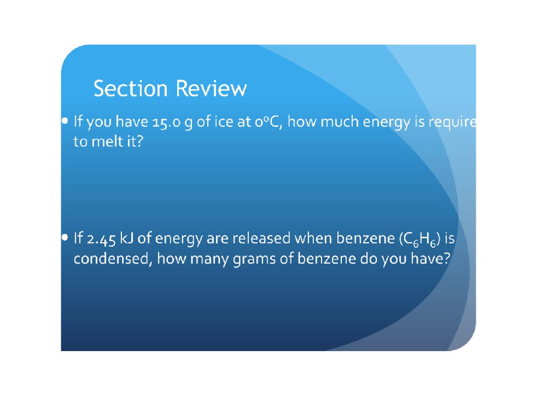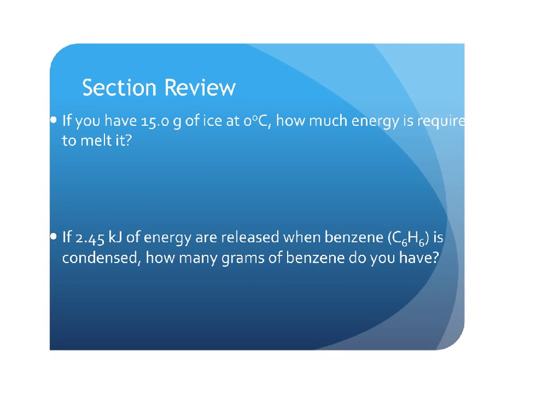All right, the first one says, if you have 15.0 grams of ice at 0 degrees Celsius, how much energy is required to melt it? So notice you have the substance already at its melting point. So now you just have to go through the process of melting. This setup is going to be basically dimensional analysis.